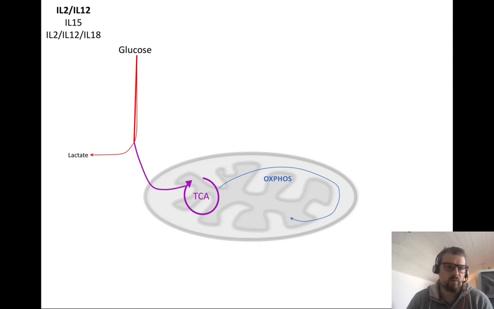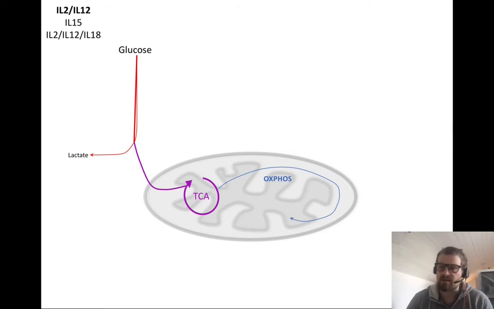For the most part, we have studied the detailed metabolism using cytokine stimulation with IL-2 plus IL-12. But while we haven't done as much detail with other cytokines, we see very similar patterns when we stimulate with just high dose IL-15, or with combinations like IL-2, 12, and 18, or even IL-15, 12, and 18, which are all important combinations.